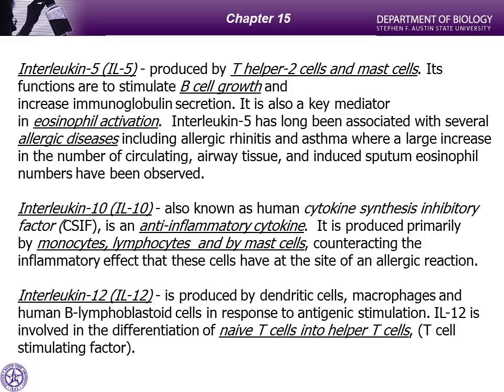So our last two, interleukin-10, it's going to be an anti-inflammatory cytokine, which is almost counterintuitive because remember, in an infection, mast cells are going to produce a ton of histamines, heparins, which lead to inflammation.